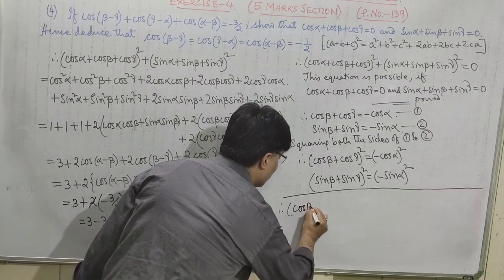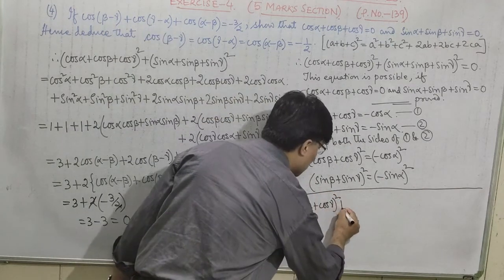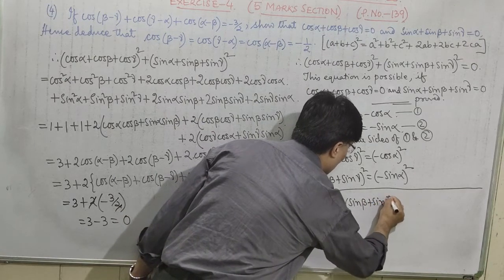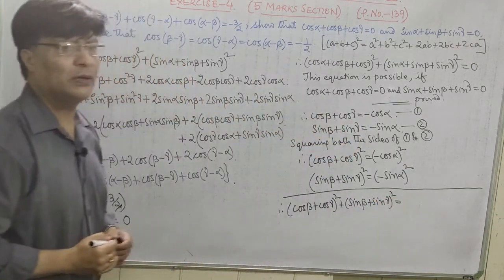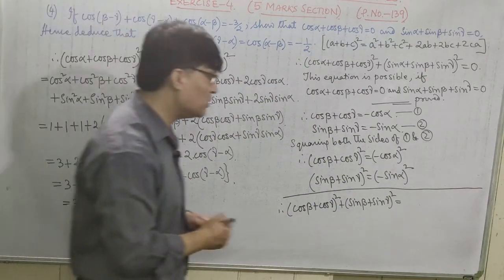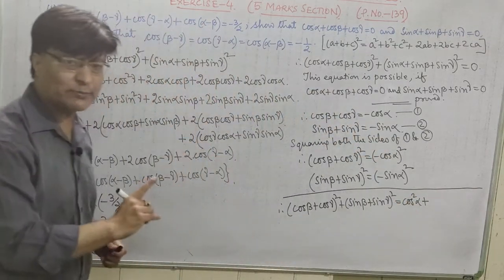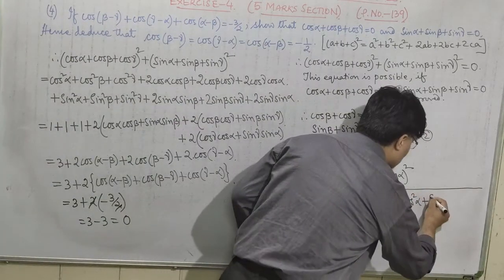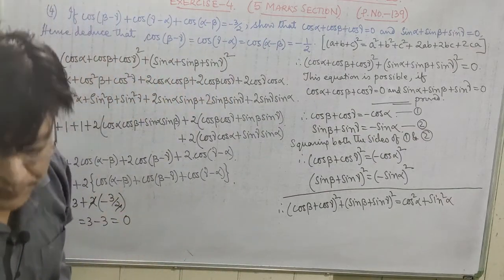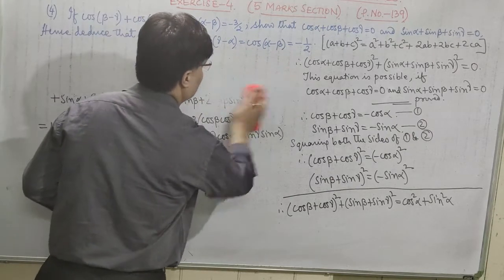Therefore cos beta plus cos gamma whole square plus sine beta plus sine gamma whole square is equal to, now minus cos alpha whole square is positive cos square alpha, plus minus sine alpha whole square, that is your positive sine square alpha. Is it clear now? So in the next step, let us simplify it.